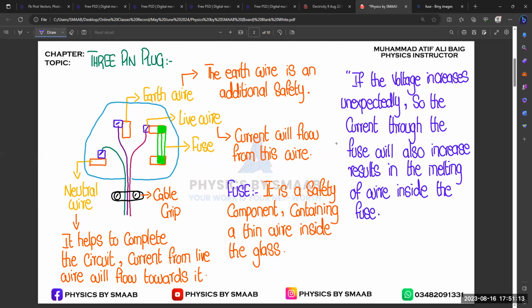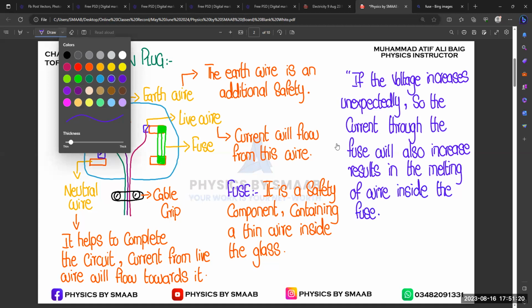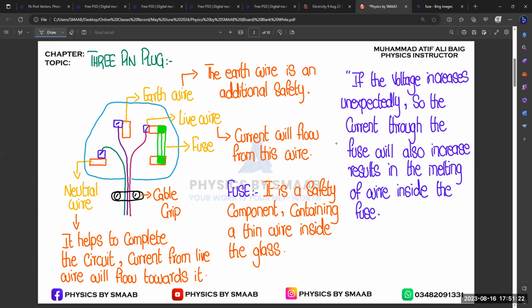So you can see that if voltage increases, current will also increase, and that will result in the melting of the wire inside the fuse. And in this way, our device will be saved, or appliance will be saved from any damage or any additional electric current passing through that appliance, right?